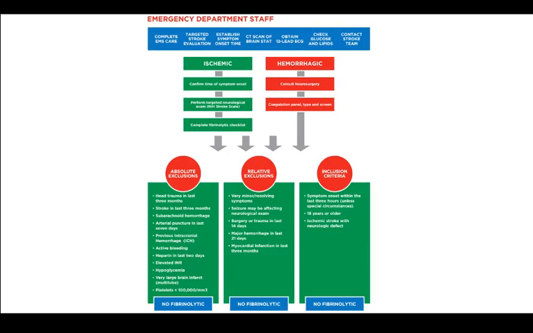So for ischemic stroke, confirm the time of symptom onset, perform targeted neurological exam or the NIH stroke scale, and complete fibrinolytic checklist. For hemorrhagic, consult neurosurgery and coagulation panel, type and screen.